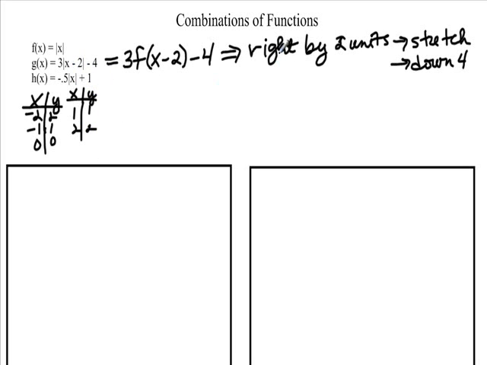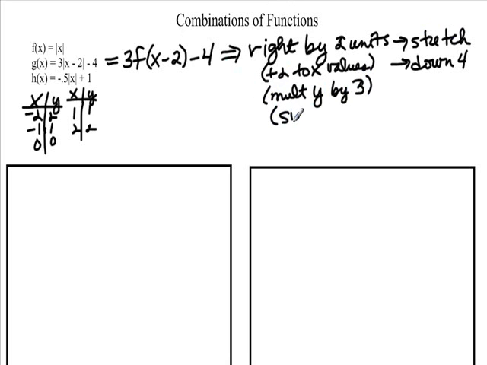So to move right by 2 units means that we're going to add 2 to the x values, and then the stretch by a factor of 3 multiplies the y values by 3. And then down 4 will subtract 4 from the y values.